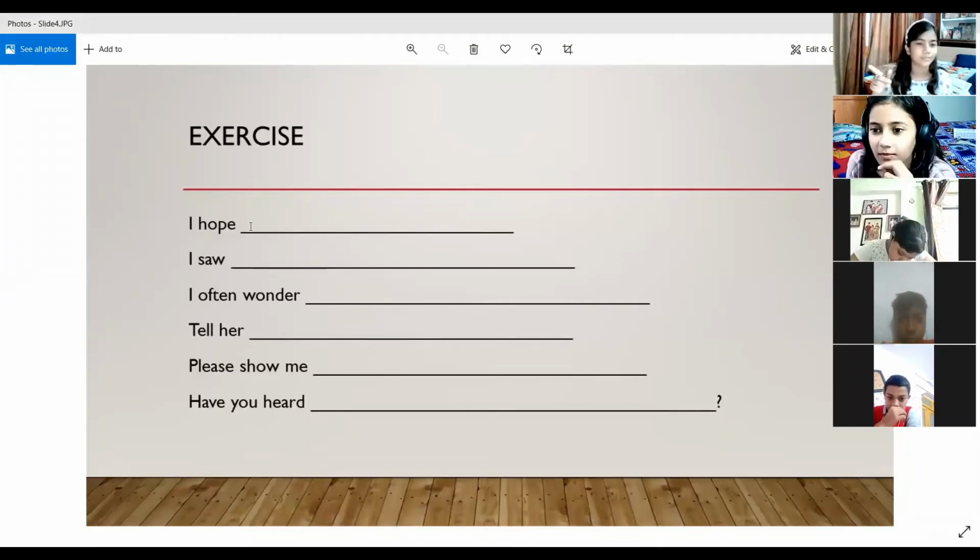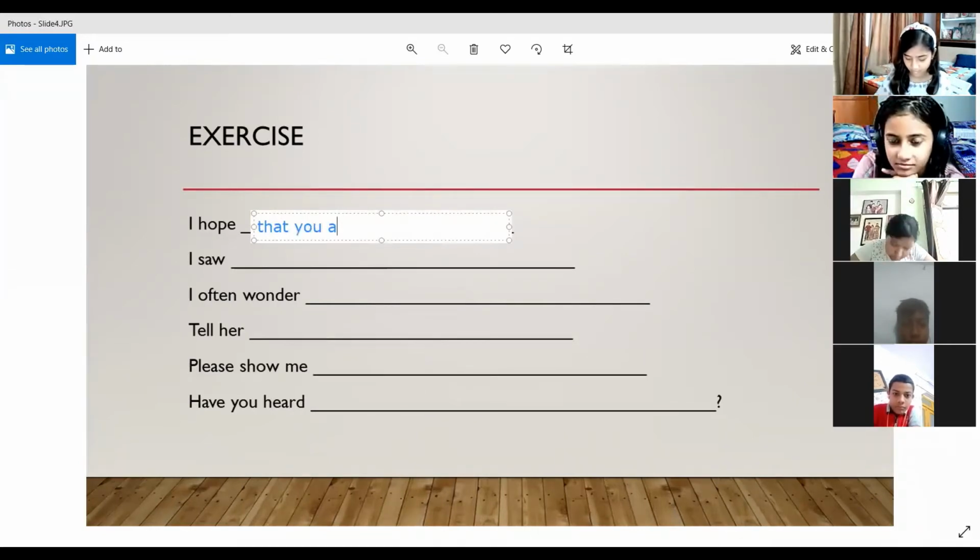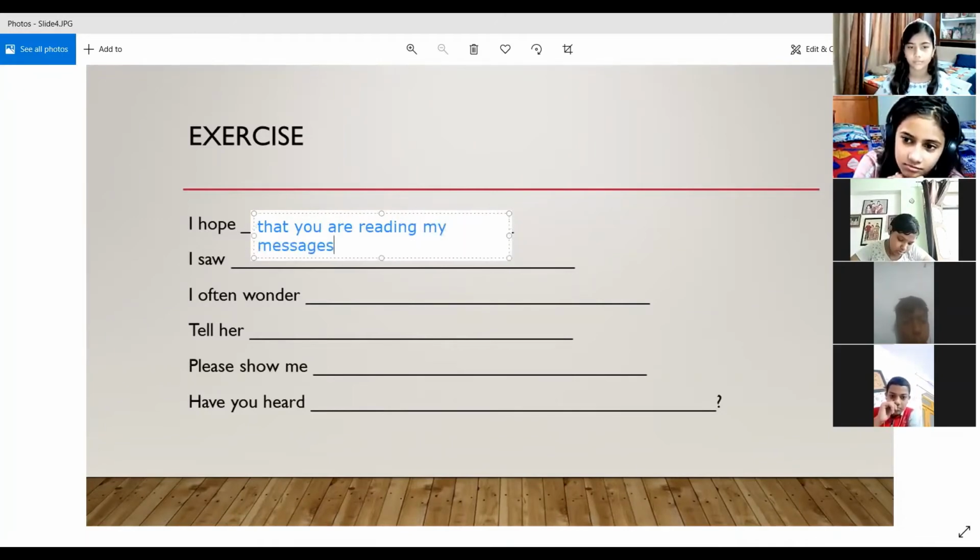Okay, I am going to write "reading my messages" because I can't hear you properly, Vaishnavi. You are not properly audible. I hope that you are reading my messages. It is okay, no problem.